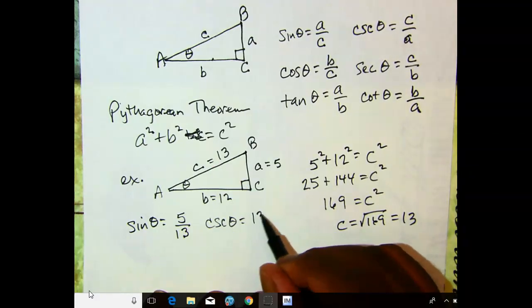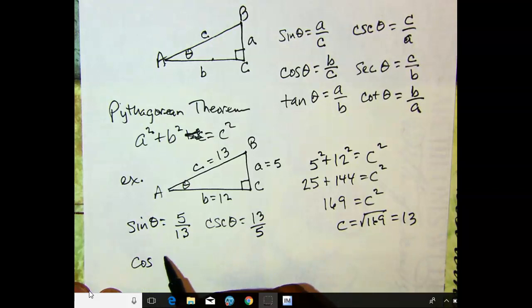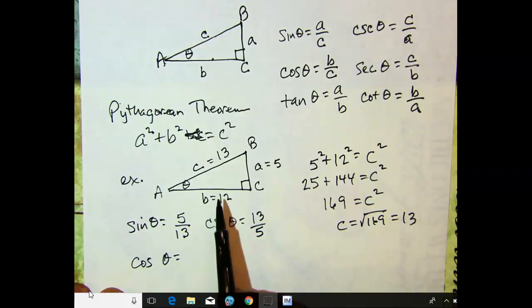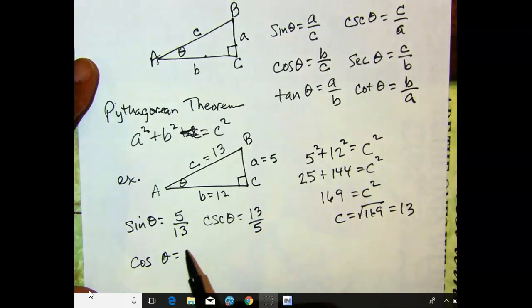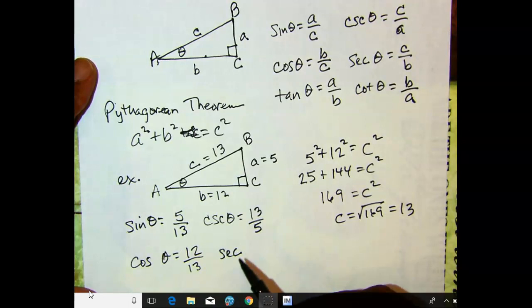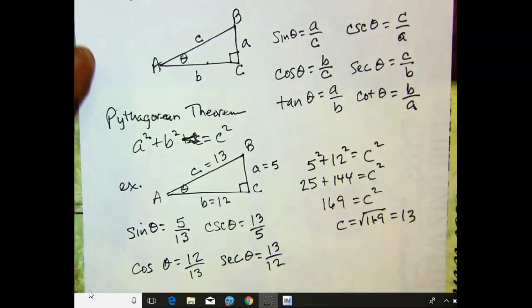So that's 13 divided by 5. Cosine of angle theta is adjacent side to theta divided by hypotenuse. So that's 12 over 13. And the secant of theta, which is the reciprocal of cosine, would be 13 divided by 12.